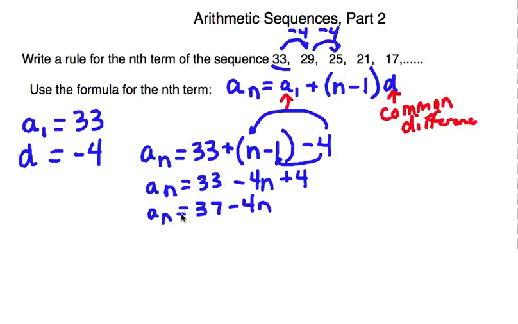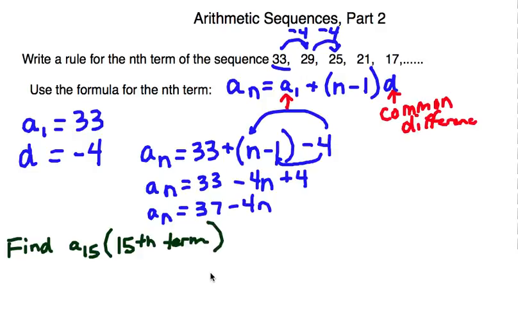So now we can use that to find any term in this sequence. So let's say we want to find a sub 15. So we want to find the 15th term in the sequence.